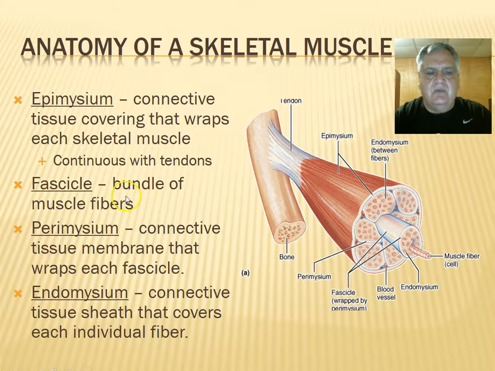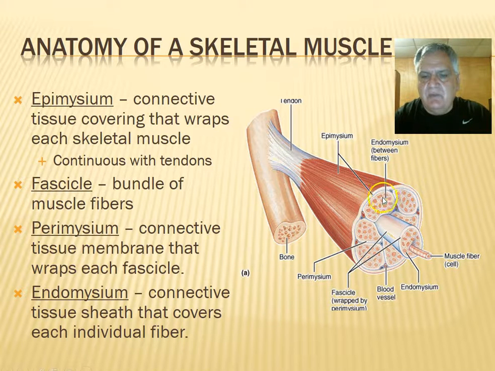A fascicle is a bundle of muscle fibers. So as we take a look at our muscle proper, the organ of muscle, we can see here's a fascicle. That's 1, 2, 3, 4, 5, 6, 7 fascicles that are demonstrated here.